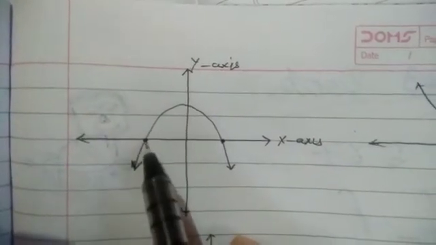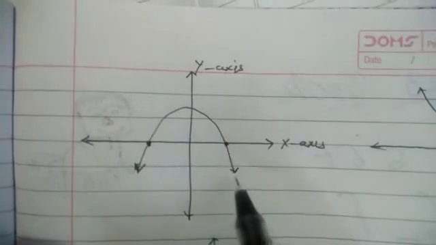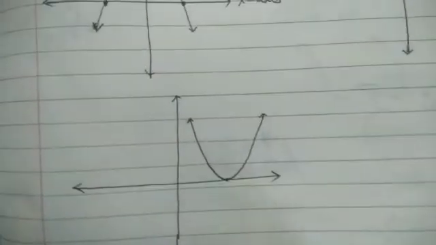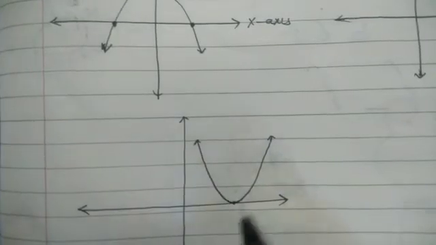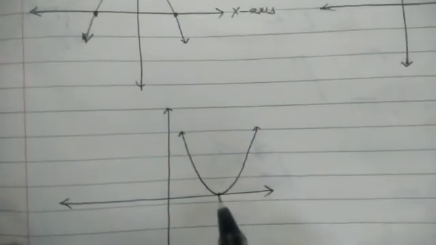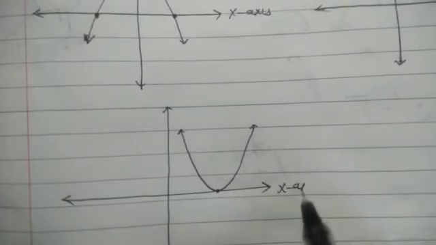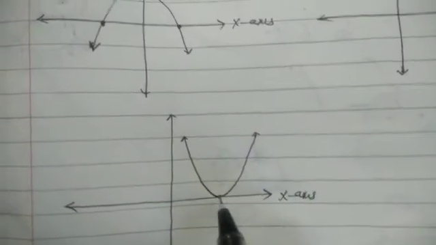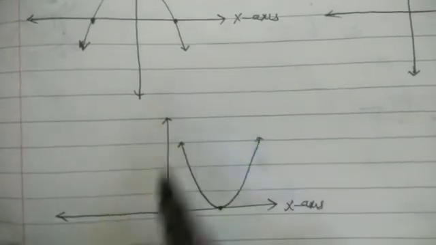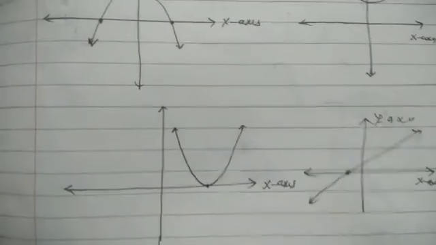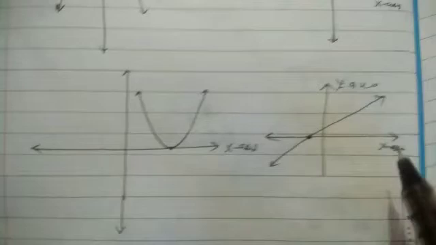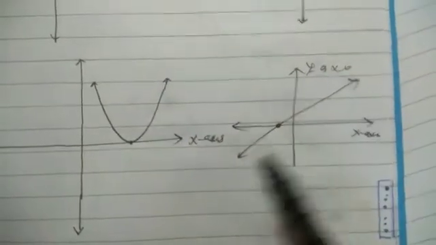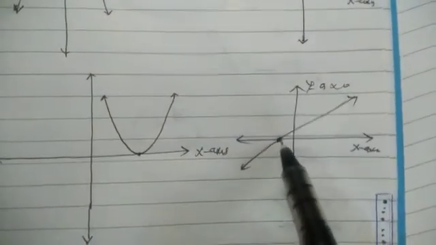So number of zeros of this polynomial will be 2. Here this graph intersects the x-axis at 1 point. So this will have 1 zero.